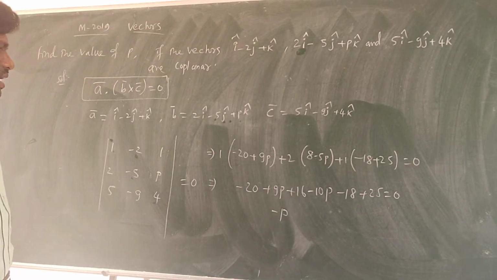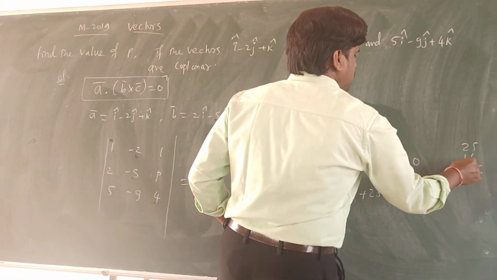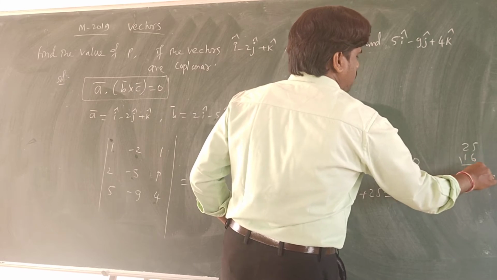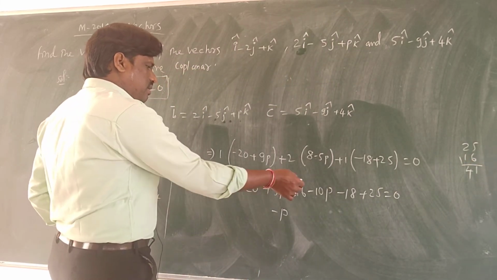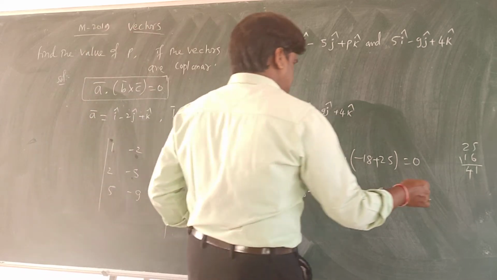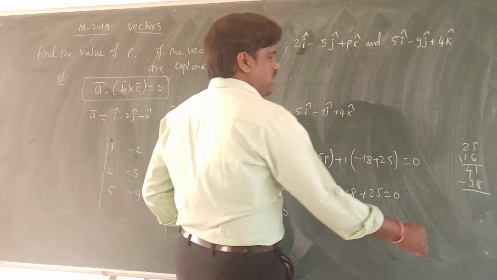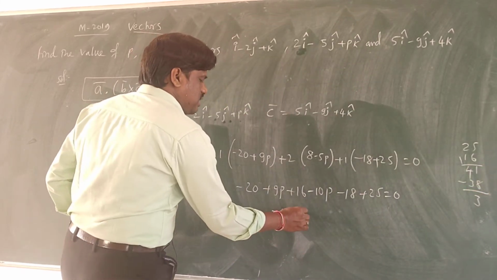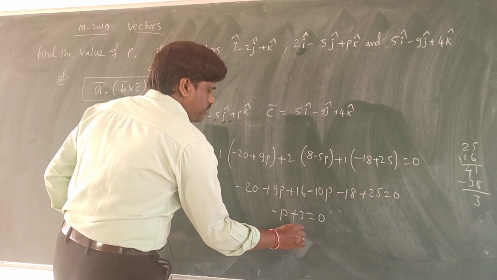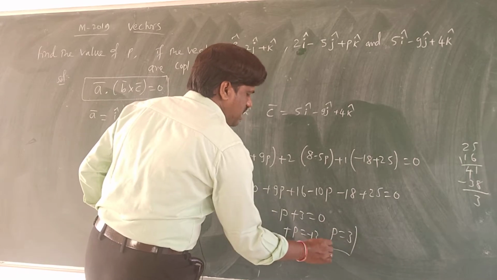The numbers: add the positive numbers first, 25 plus 16 is 41. The negative numbers are minus 20 minus 18, that is minus 38. If you subtract, you get positive 3. So plus 3 is equal to 0. So minus p is equal to minus 3, and p equals 3 is the answer.